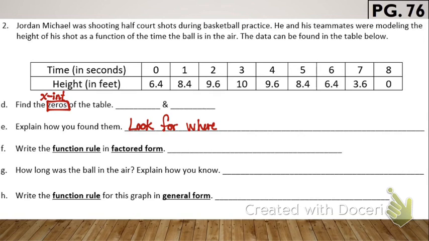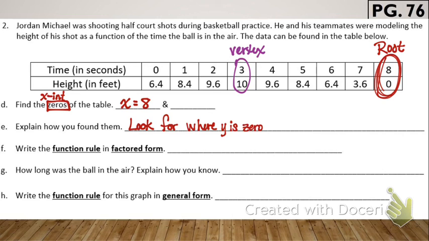However, I know that the only way there's only one root is if the vertex is the x-intercept. Here's where my y value is 0, right? So that's a root. But you guys told me that this was the vertex. Are they the same? So I've got to go find the other one.